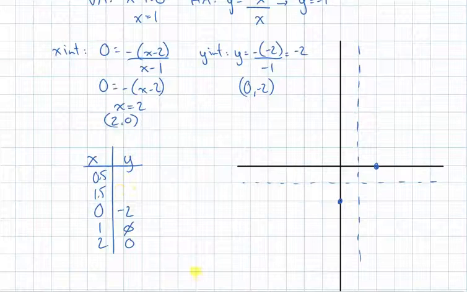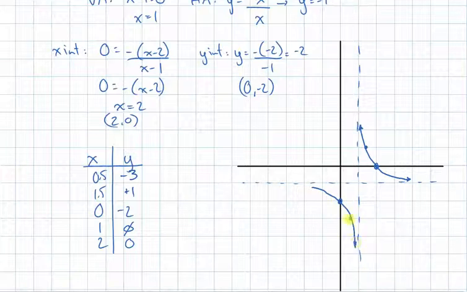So if I substitute those into the original function, I get negative 3 when x is 0.5. I already worked that out before. And I get positive 1 when x is 1.5. So right here and right here. Connect the dots with a smooth curve heading toward the asymptotes without touching or crossing.